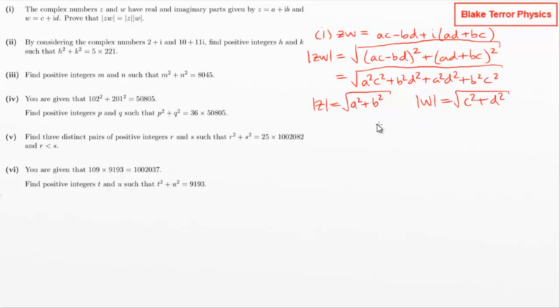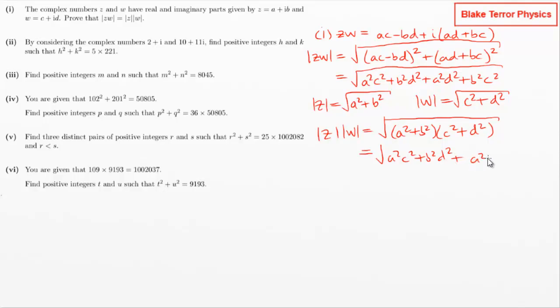So I just need to multiply these together. So multiply those is going to be the square root of (A squared plus B squared) times (C squared plus D squared), which looks as though we're fine. So A squared C squared plus B squared D squared plus A squared D squared plus B squared C squared. Okay, which is exactly what we want. Okay, so that's part 1.